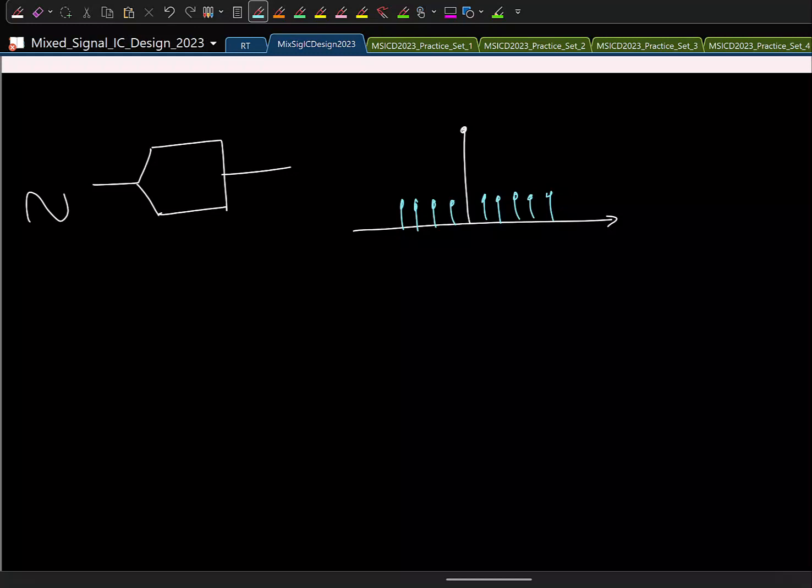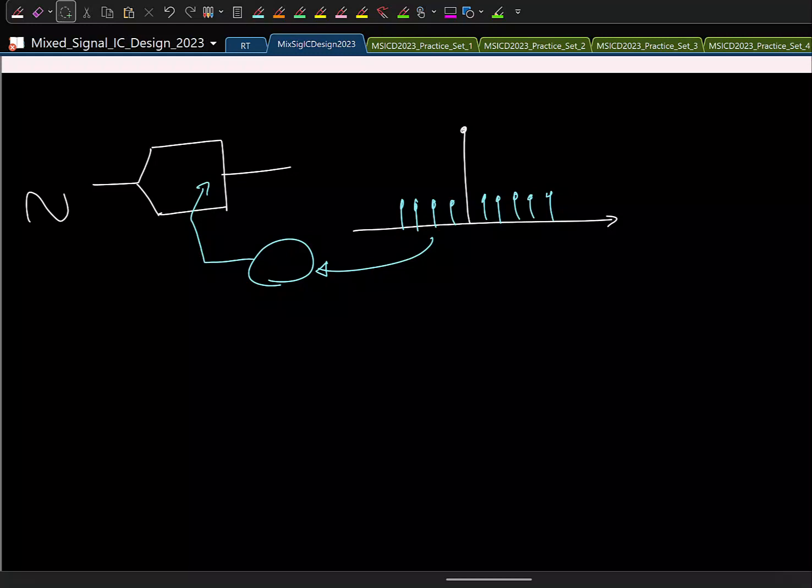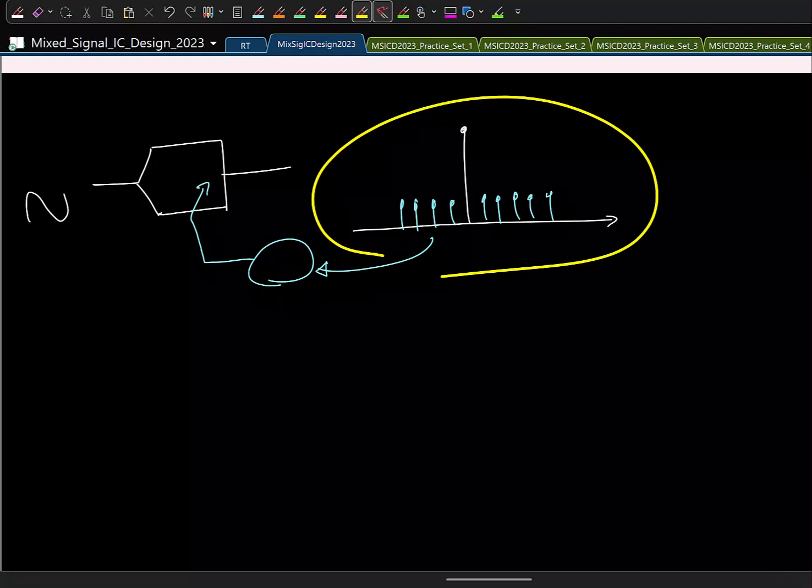So one thing to do is you can measure the quantization noise power and then change the gain here. But as you can see, this is intensive simply because to find the quantization noise power, you have to compute the spectrum. Fourier transform computation is going to be really intensive, right?